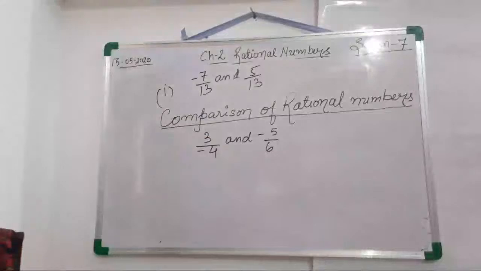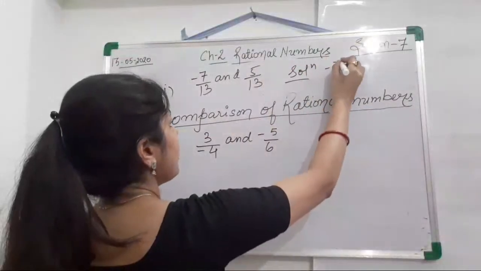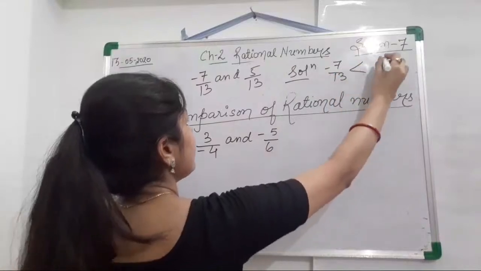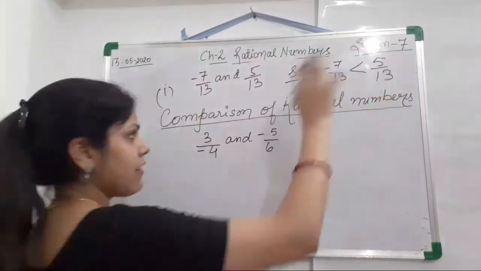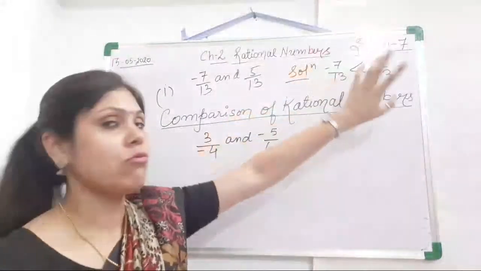The solution of the first: minus 7 upon 13 is less than 5 upon 13.